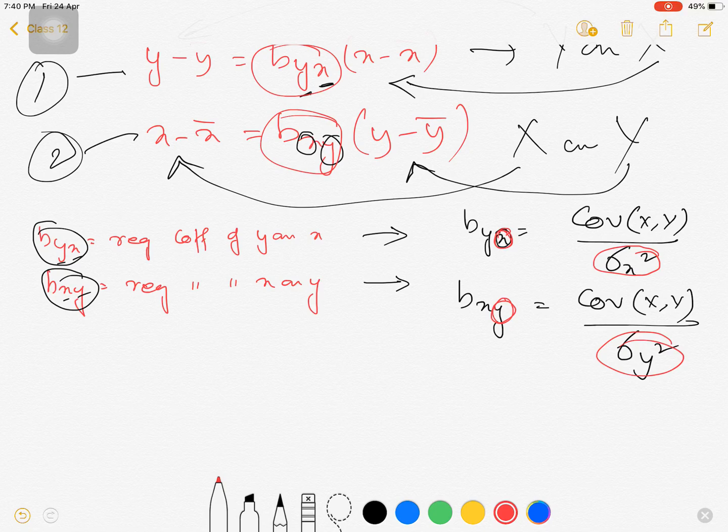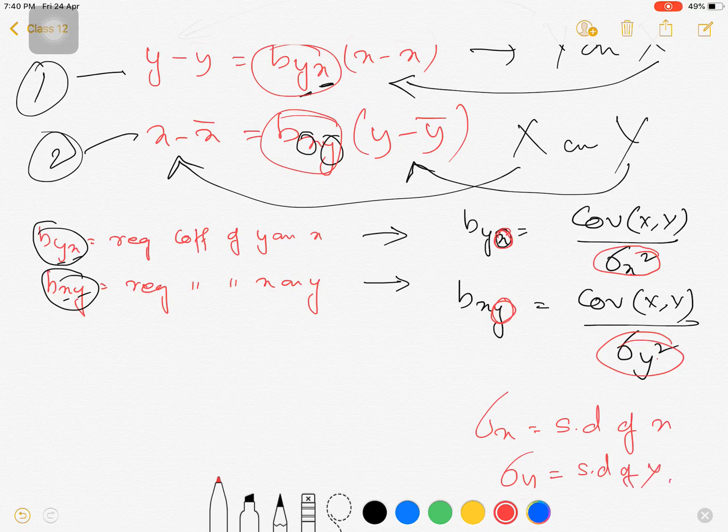So what is this covariance of x and y? Covariance is the joint variance of x and y. We have already done this in class 11. Not so important; you will not be asked to find covariance of x and y. They will give you the value, you just have to put the value here. Sigma x is the standard deviation of x, and sigma y is the standard deviation of y.